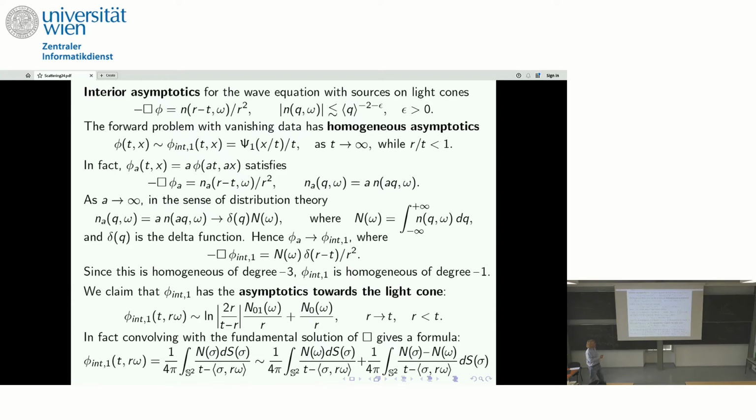So the left-hand side has to be a solution which is homogeneous of degree -1, because when you take two derivatives, you decrease. And in fact, one can prove that it has this expansion as you approach the lightcone, exactly this kind of logarithm plus this term.